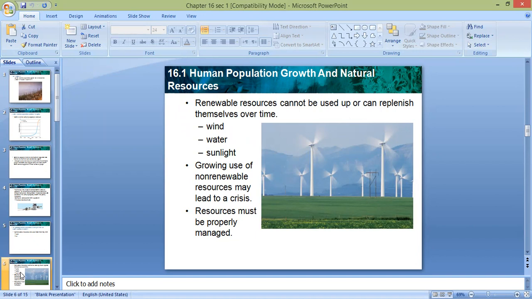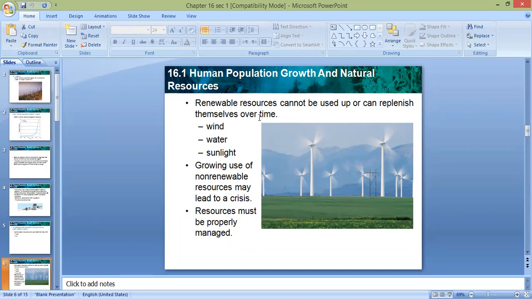To keep these resources available for the future generation. We have to think about the next generation, your children, your grandchildren. If you want to keep these resources available for the next generation, you have to be wise and manage your use of these resources.